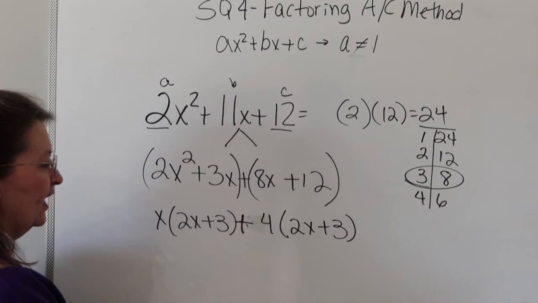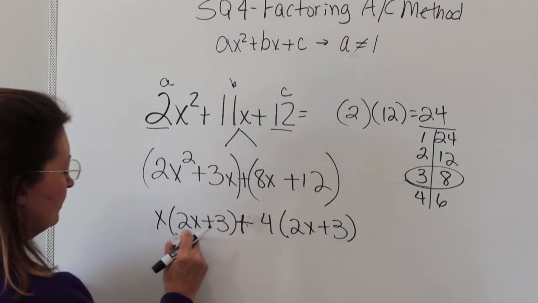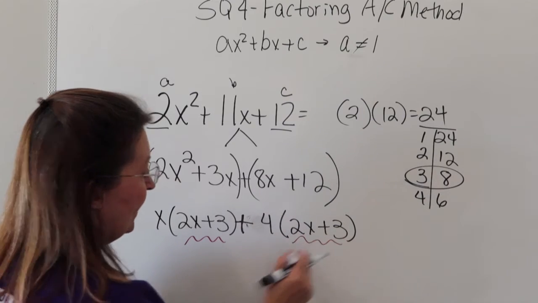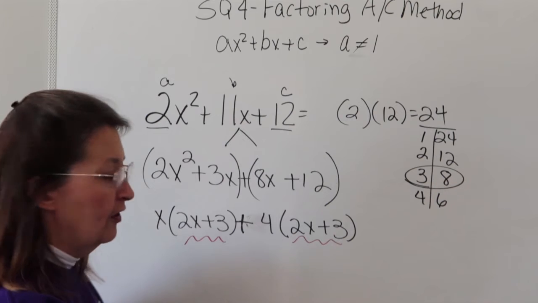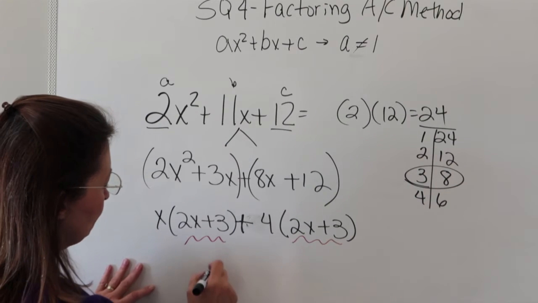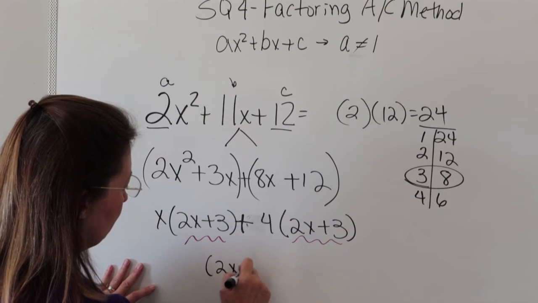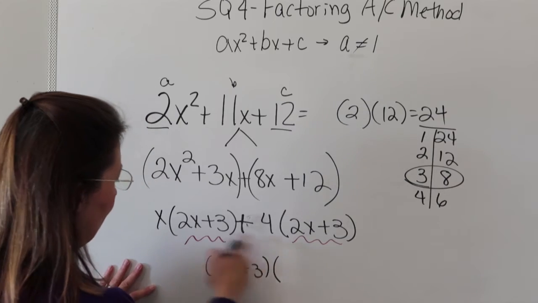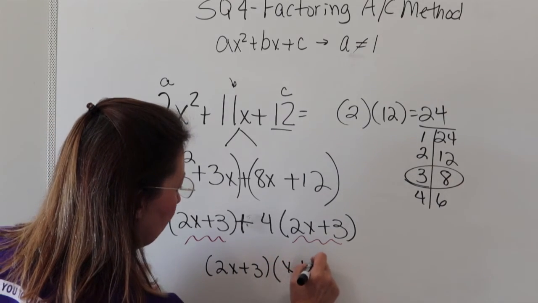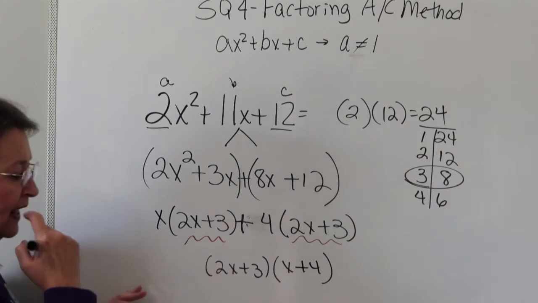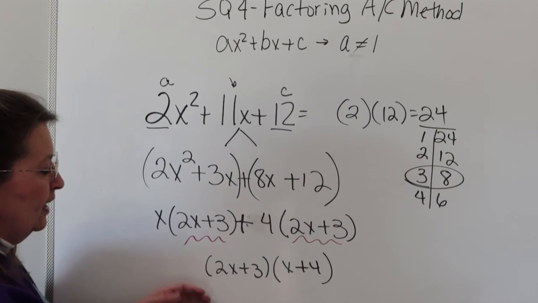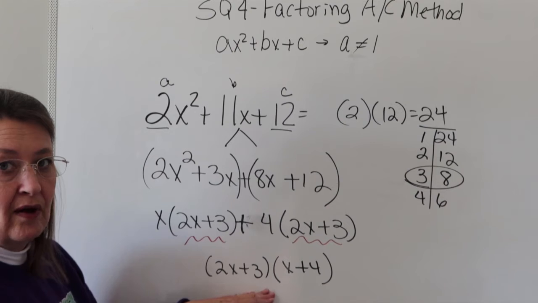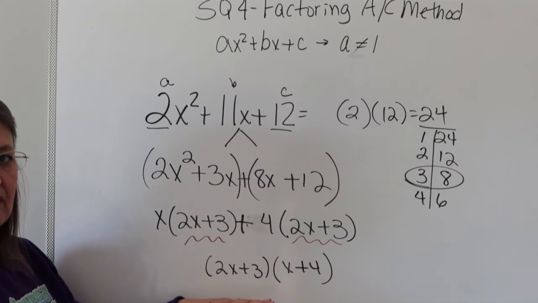And notice, just like I told you last time, these 2 sets of parentheses have to match when you factor by grouping, otherwise you can't go any further. So next I'm going to pull out the 2x plus 3, and I'm going to put the x plus 4 as my other factor. And I'm going to check these 2. There are no common factors and there is no difference of squares, so I'm finished. So this would be your final answer.